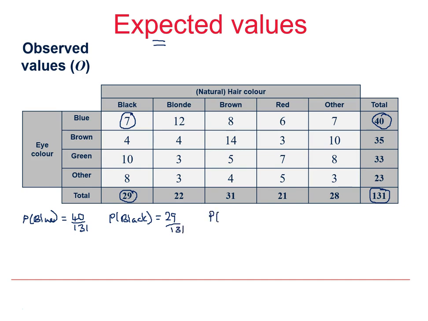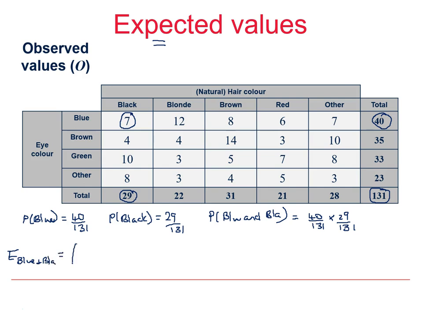Therefore, the probability of obtaining somebody with blue eyes and black hair would be the product: 40 over 131 multiplied by 29 over 131. That's our probability. So how many people would we expect to have blue eyes and black hair?